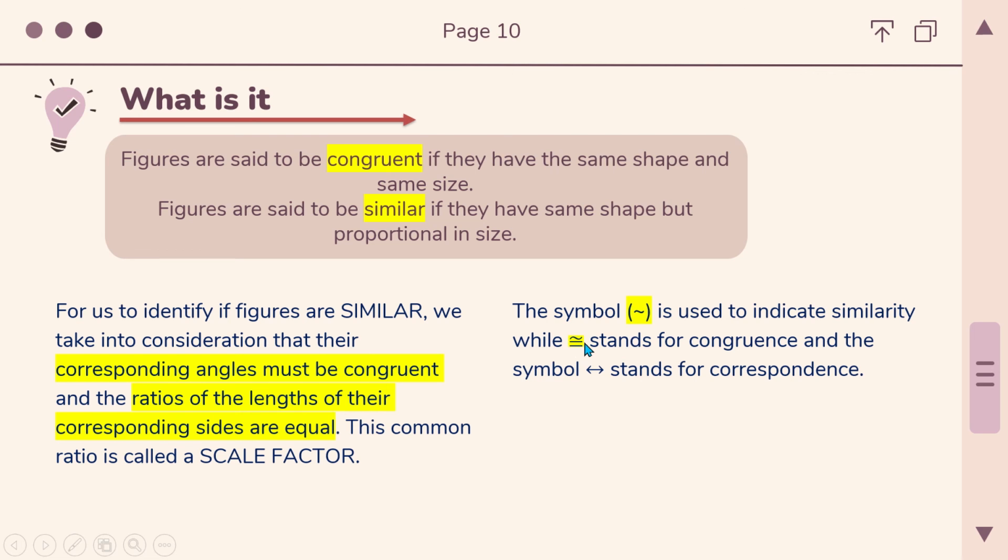While this one, equal nga symbol nga naay wave nga symbol stands for congruence. And the symbol double-headed arrow stands for correspondence. So, asa na ito makita ang similarity nga symbol, congruence nga symbol, o ang correspondence nga symbol.